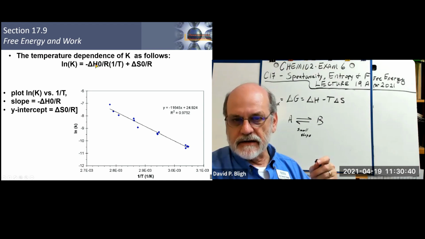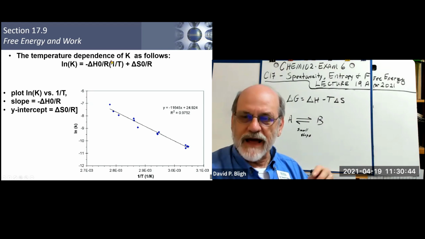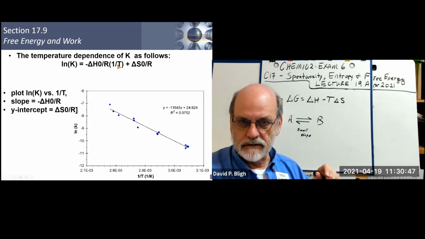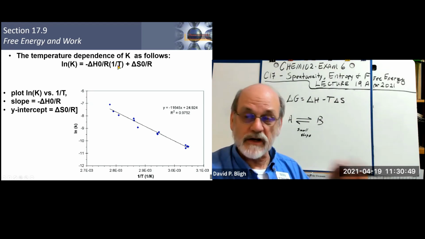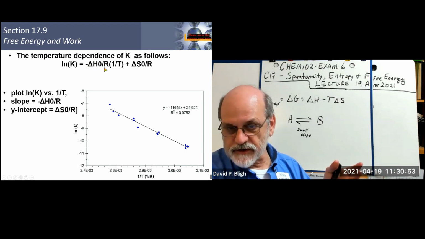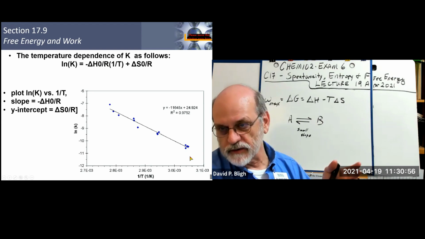If you take this value and divide by R and multiply it by the inverse of the temperature, so we have to do this K calculation at different temperatures, then this term right here becomes the slope of the line. That's why it's negative slope, see?